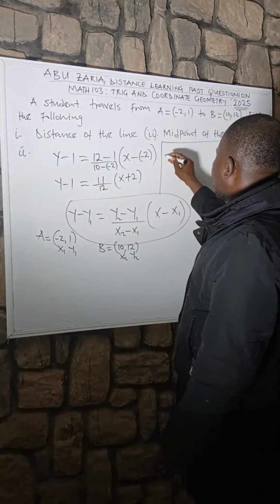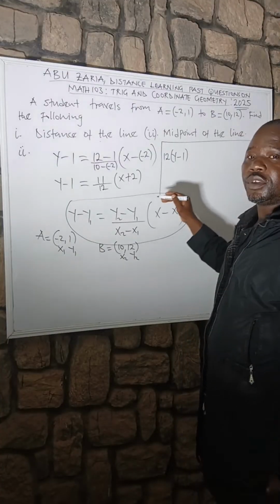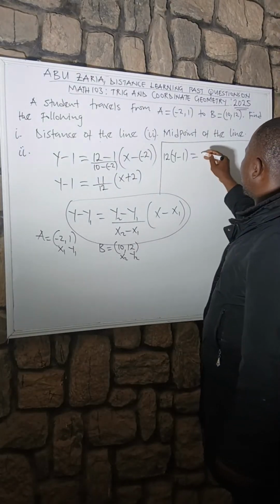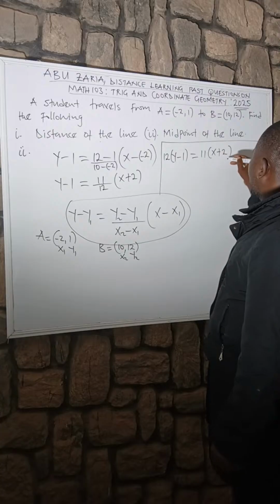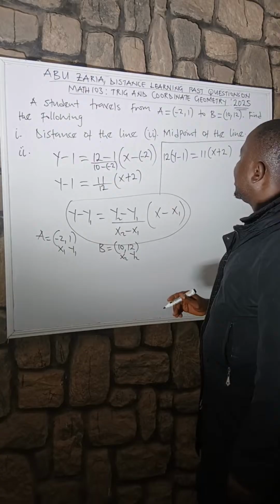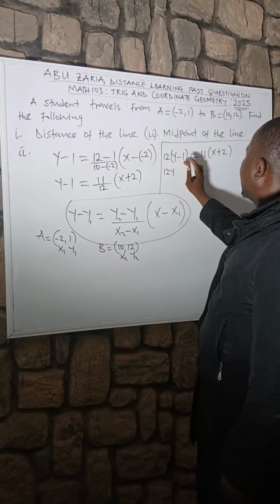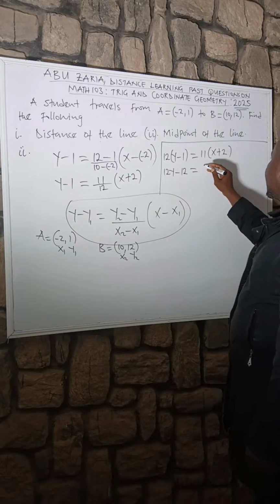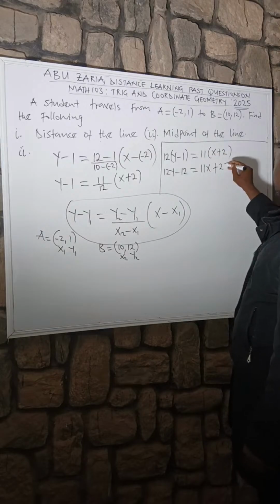We are going to have 12 open bracket y minus 1 equals 11 open bracket x plus 2. Now let us multiply out. We have 12 times y, 12y, 12 times -1, minus 12, equals 11 times x, 11x, then 11 times 2, plus 22.